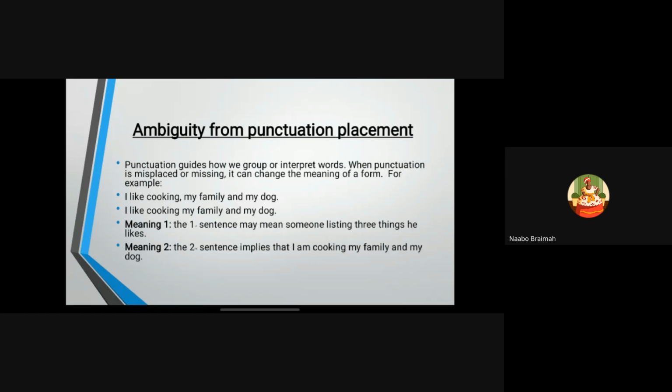In the first meaning, the sentence may mean someone listing 3 things he likes: I like cooking, I like my family, then I like my dog. Then the second sentence implies that I am cooking my family and my dog, which obviously is unreal. So let's go to the next one.